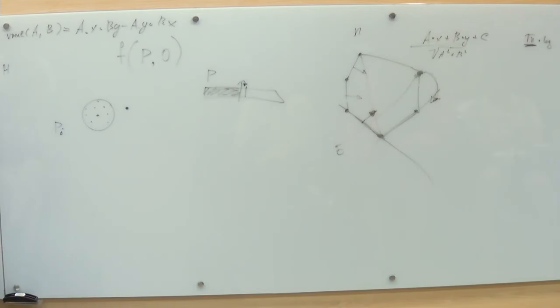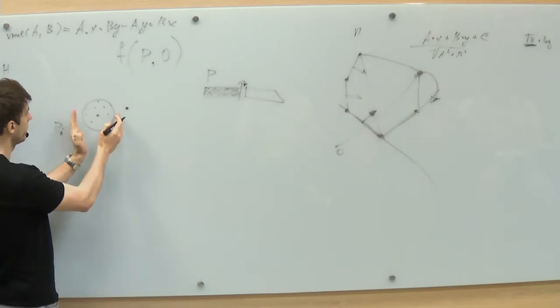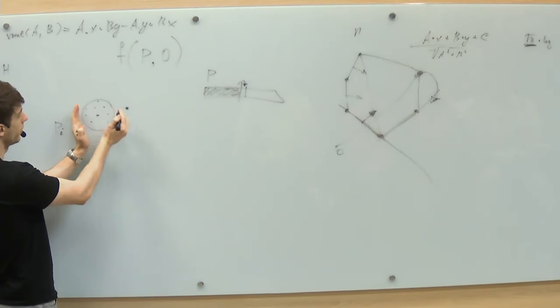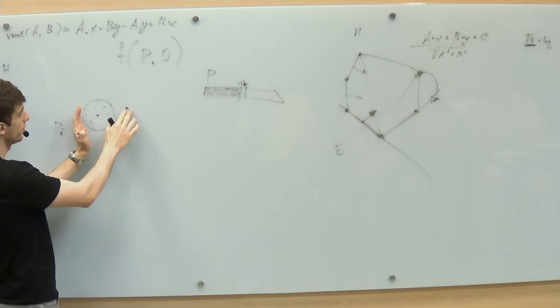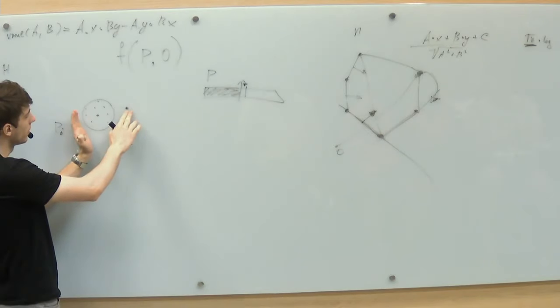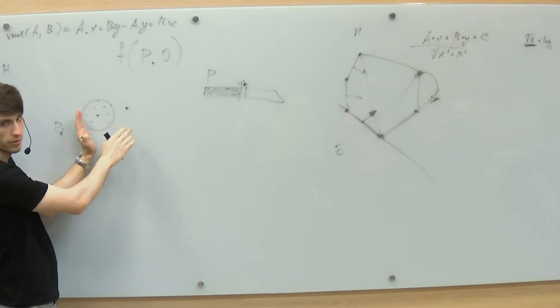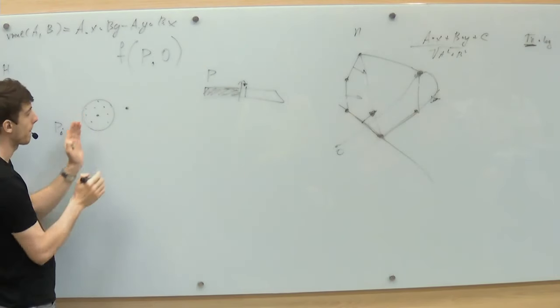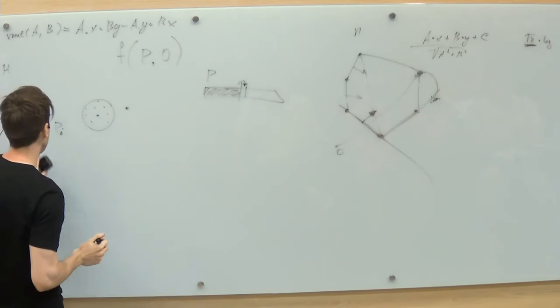Then we can prove that the answer for this set plus this point will definitely lie on the boundary of our circle. Okay, let me prove that.